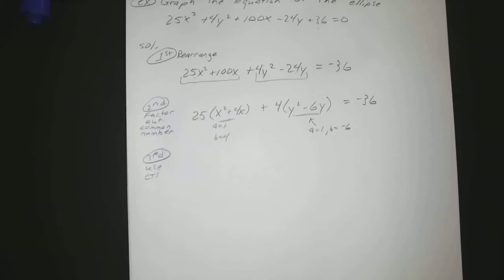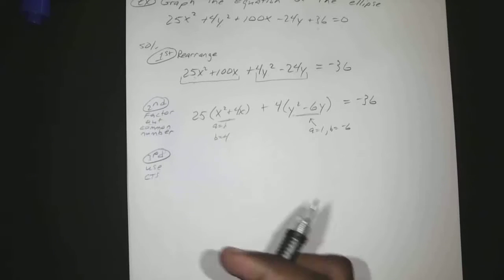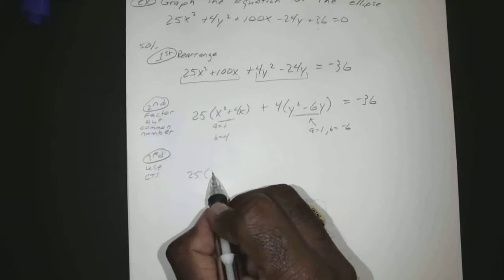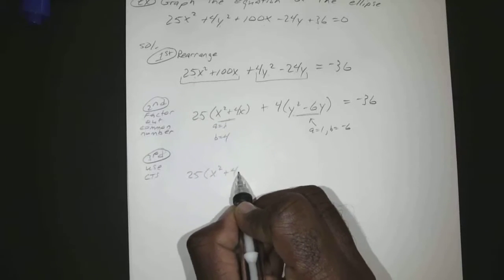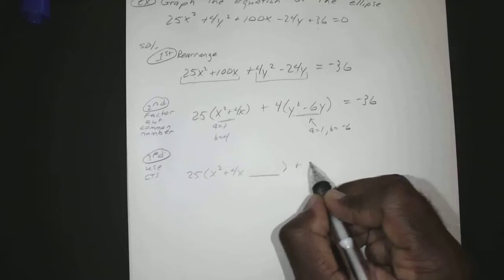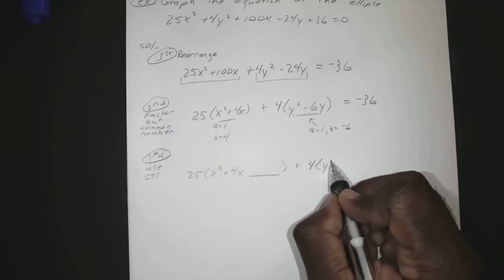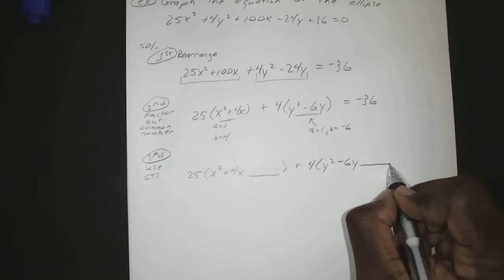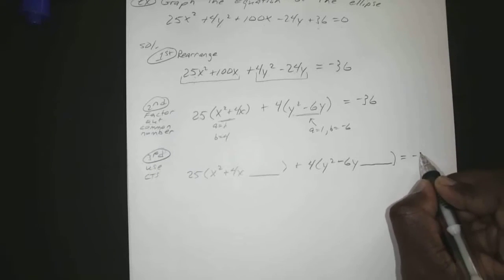Okay. So just rewriting it, give it a little bit of space. So you have 25 x squared plus 4x, plus 4 times y squared minus 6y, equals negative 36.